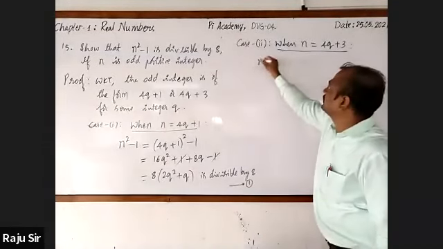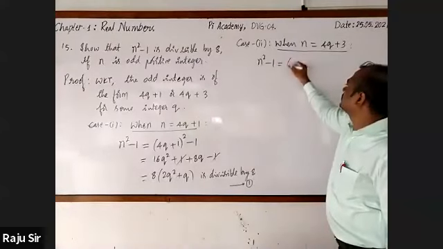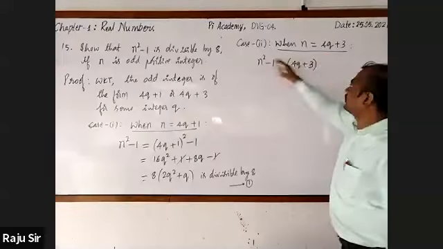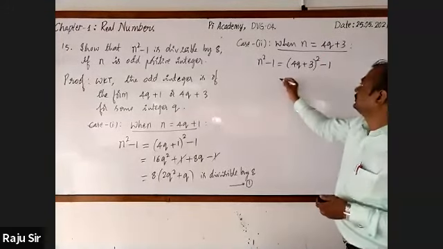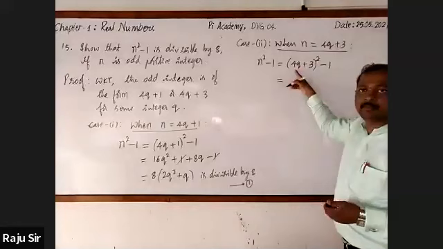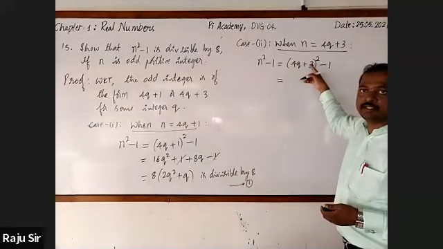Right. n square minus 1 is equal to, where n is 4q plus 3, your square is there, right? Then minus 1. This is equal to, again apply the (a plus b) whole square identity.